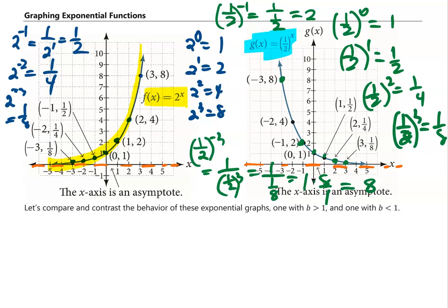So what do you notice about this graph? Your g of x compared to your f of x. Yes, this is what you call a horizontal flip.